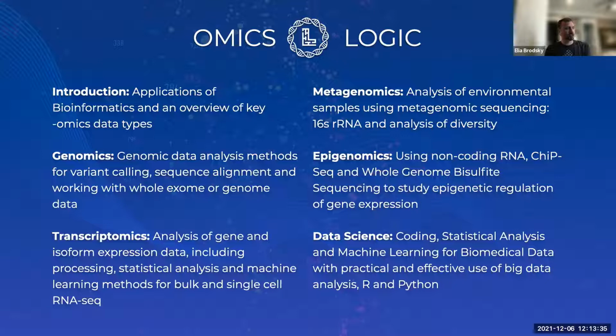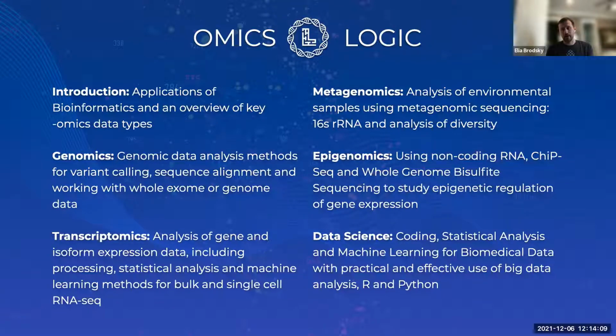So I already mentioned Introduction to Bioinformatics, the specific types of omics like genomics, transcriptomics, metagenomics, and epigenomics, which includes analysis of whole exome and whole genome sequencing for somatic mutations and germline mutation analysis, for example, in cancer, transcriptomic data analysis, RNA-seq for bulk and single cell RNA-seq data, metagenomics, 16S ribosomal RNA, and epigenomics.